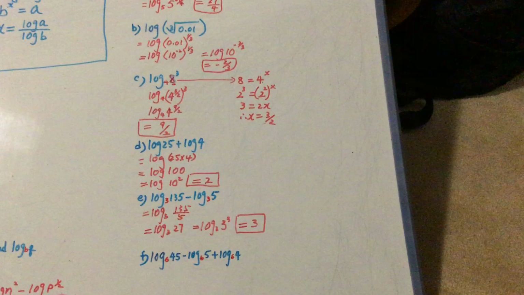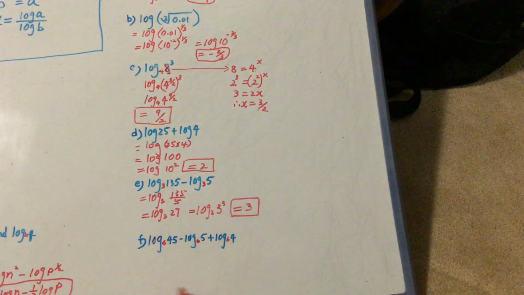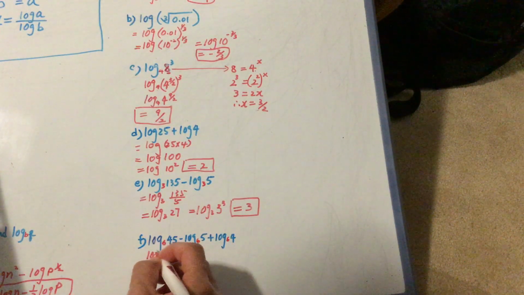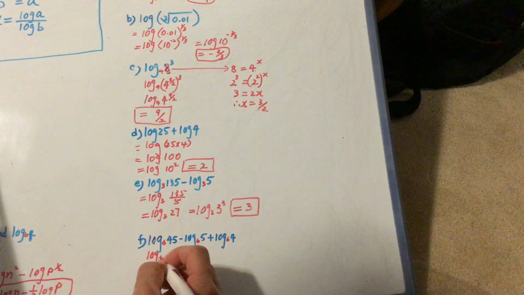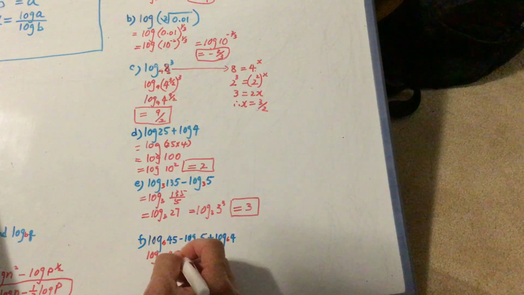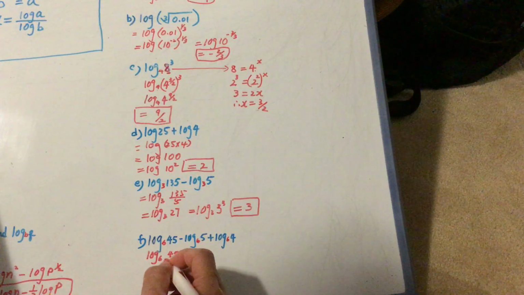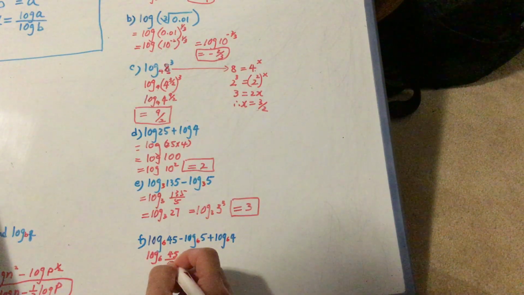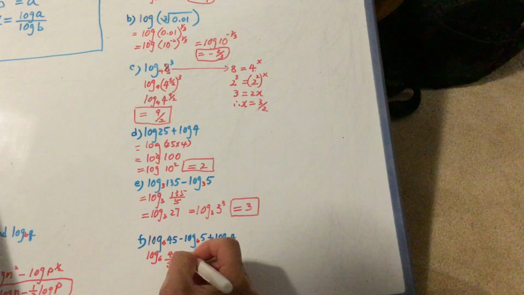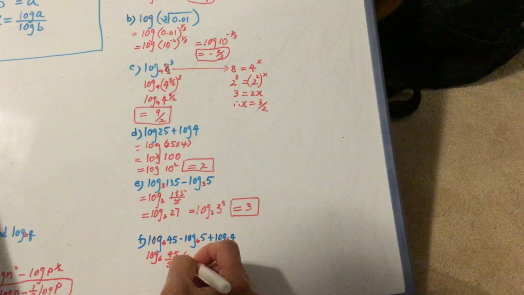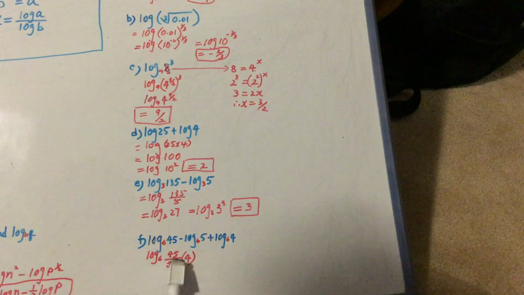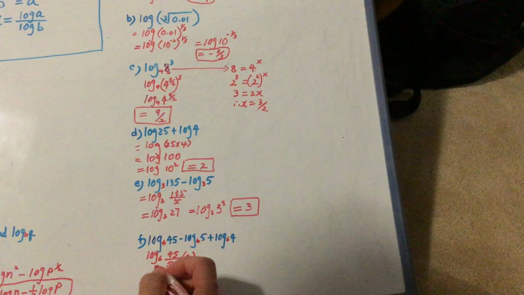And the last one, F. When you have a combination of a minus and a plus, you can put everything with the base of 6: you have 45, and you divide it by 5, but then you multiply by 4, according to BEDMAS.